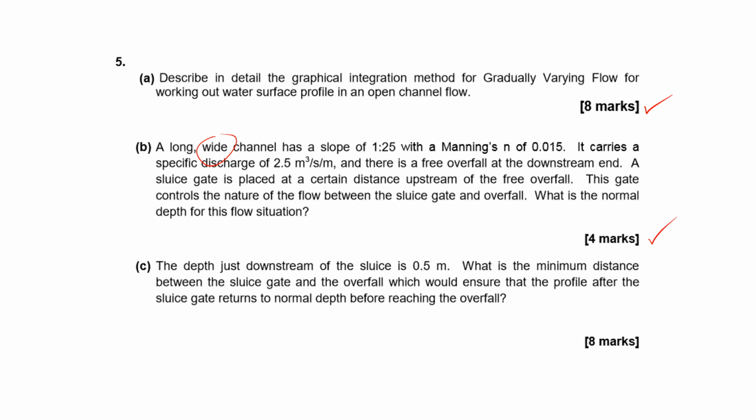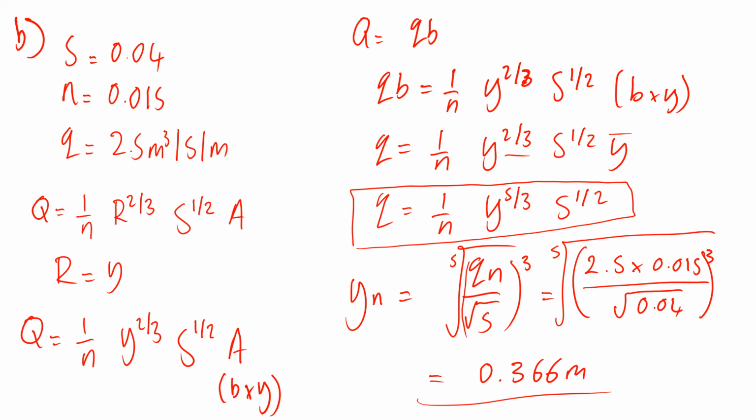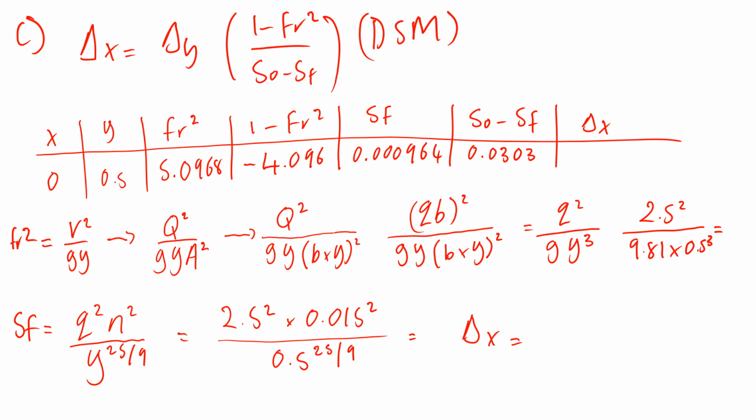So it says the depth just upstream of the sluice gate is 0.5 meters, and it says what is the distance before the profile returns to normal depth. So the profile needs to return to normal depth. So do we know the normal depth? Yes, because we've calculated it in B. So the normal depth is 0.366.